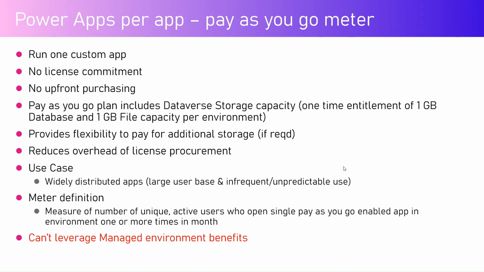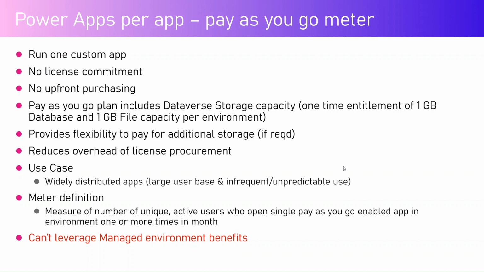So you need not go through that entire life cycle of license management, where you need access to a specific environment, or need to use a specific environment to run the app. This reduces that complete overhead of procurement of licenses, because depending on your need, you can just link your Azure subscription, and from that point onwards, you can start utilizing Power Apps.